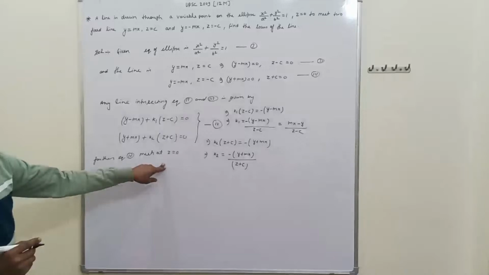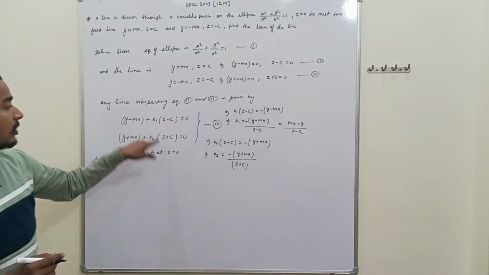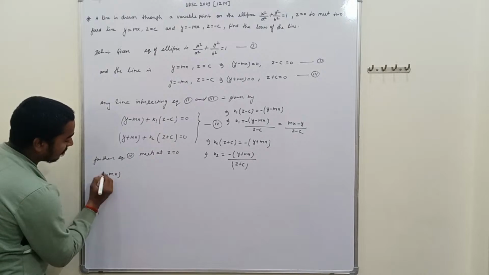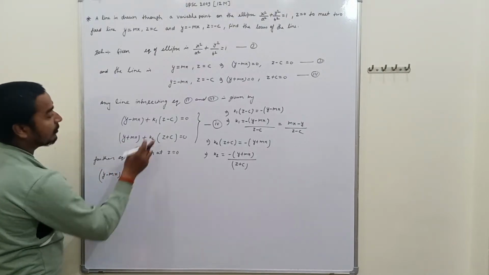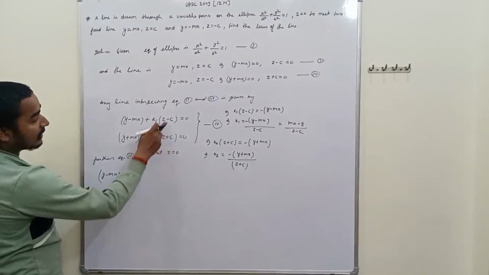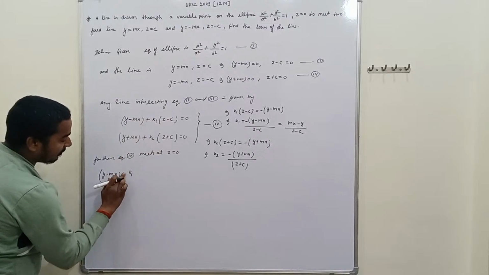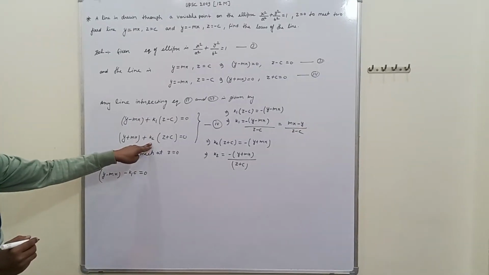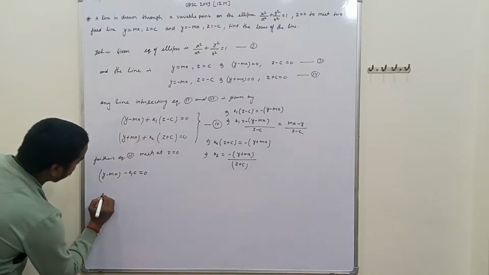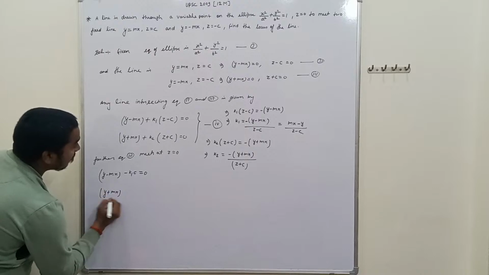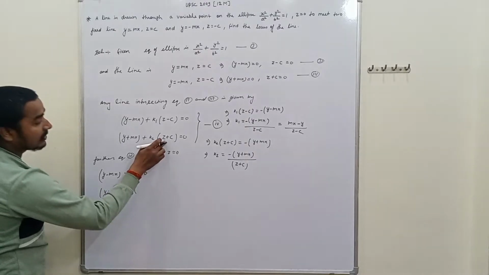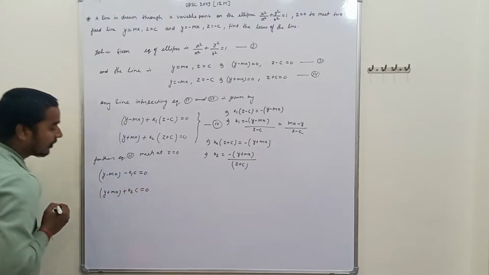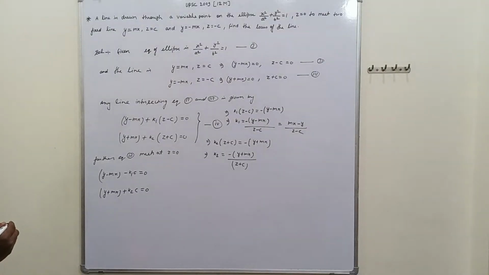Then we have to put z is equal to 0 in equation 4, and equation 4 becomes y minus mx plus k1 into minus c, that is minus k1c, is equal to 0. And in this other equation also, putting z is equal to 0, y plus mx plus k2c is equal to 0. From here we have to find the values of x and y.